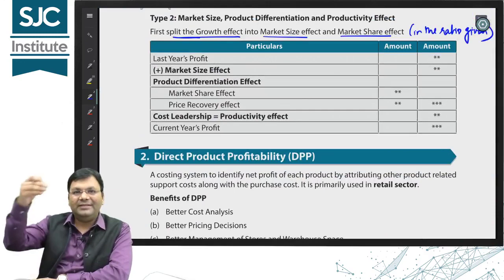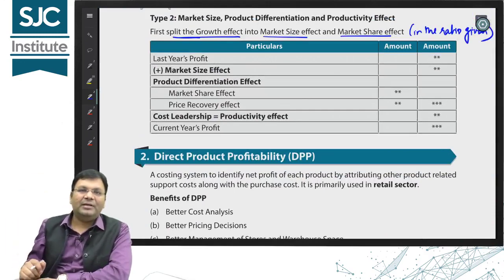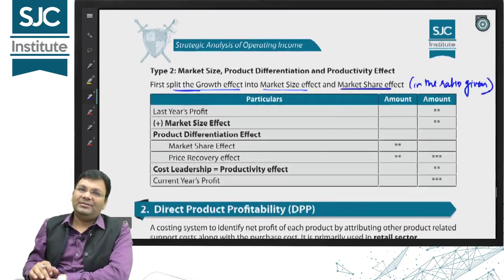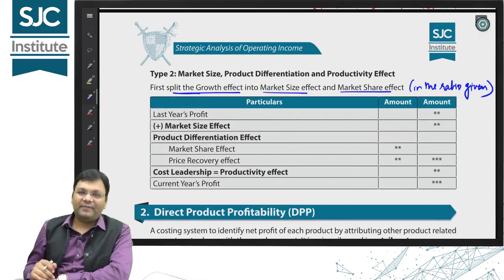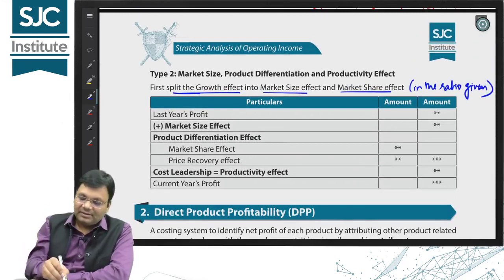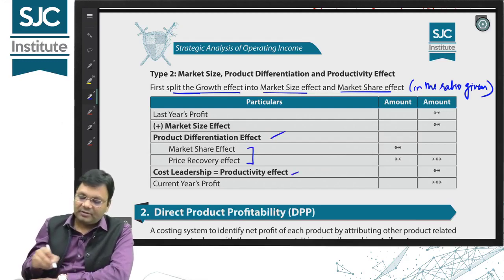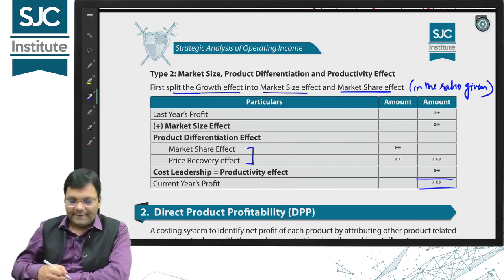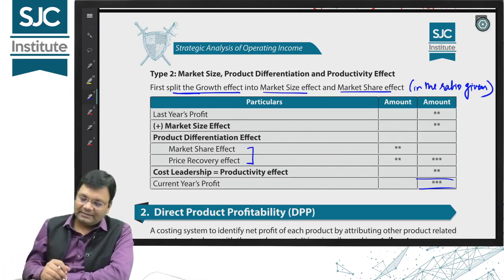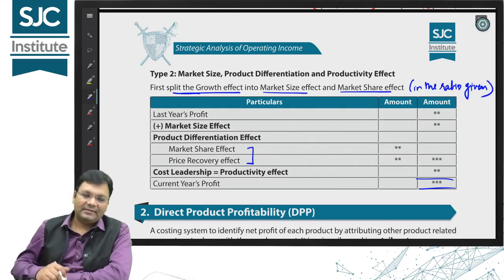You know that three items need to be added to get the current year profit, but the items that will be added will have different names now. Growth effect has been split into size and share. So first comes the size effect, and the share effect together with price recovery comes under product differentiation effect. And lastly, cost leadership is the productivity effect. So the result is your current year's profit. Got it? So if the question asks for this, you will prepare a statement like this.